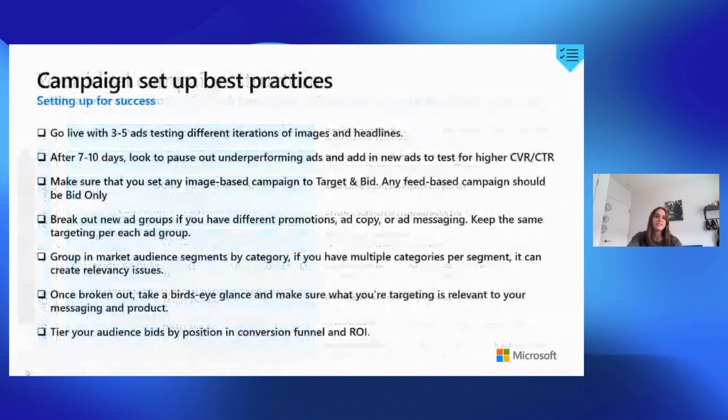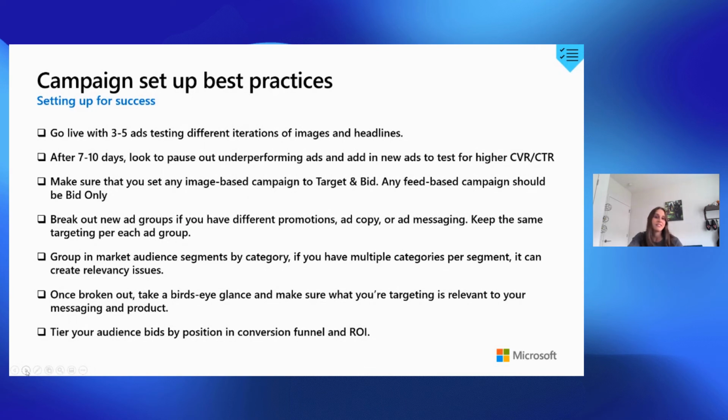And last but not least, just campaign setup tips for best practices. I just want to conclude with this, that these best practices go way beyond targeting to ensure that you're set up for success. So first off, go live with 3 to 5 ads, testing different combinations of images and ad copy.